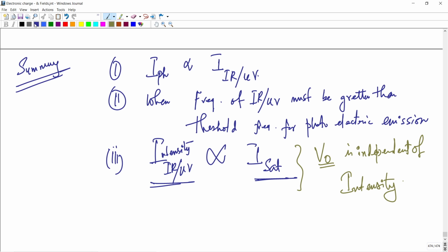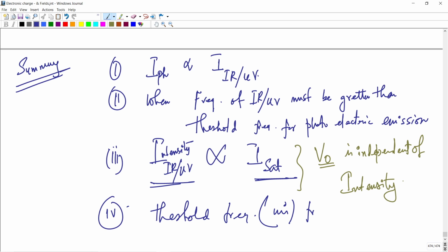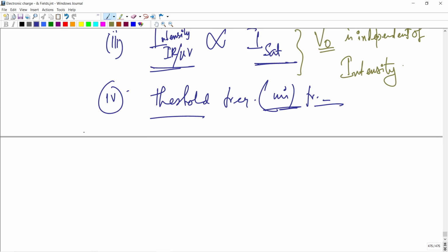And number 4, the threshold frequency, the very important concept. Threshold frequency is the minimum frequency for photoelectric emission. The frequency of the UV ray must be greater than the threshold frequency, but that's the minimum.